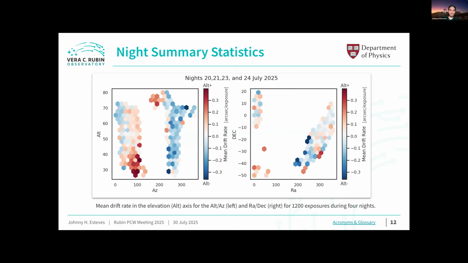In the southeast and east direction you always see red, and then in the west direction, blue. So something's weird. I'm still not sure what this means. It could point to something related to the tracking error and the pointing model somehow. We don't see a very strong correlation with declination, but we see that at low declination you have some high drift rates.